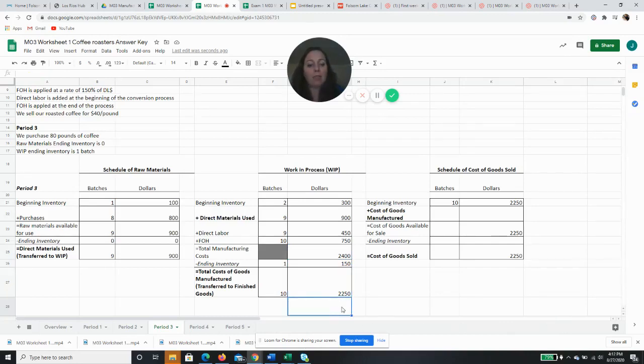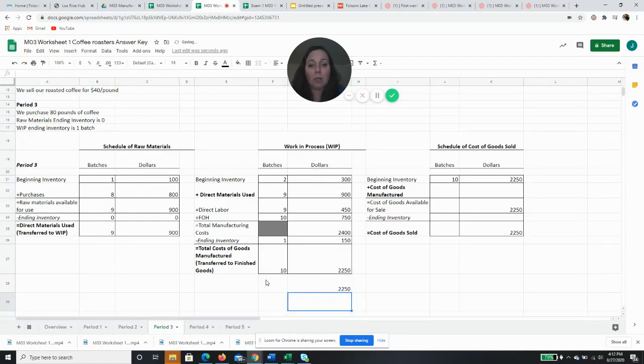Now I'm going to do some math to check my work. 10 batches got transferred to finished goods times 225 for a batch of finished product, $2,250. My numbers match and I am happy. All right, so total cost of goods manufactured is, I'm just going to transfer this right over from my WIP schedule, $2,250.